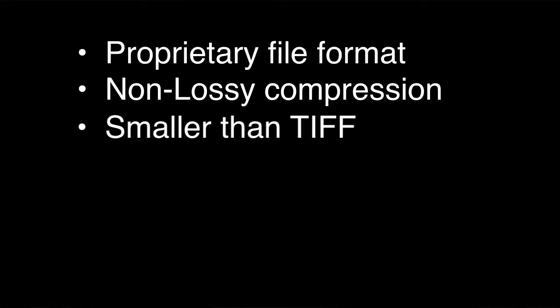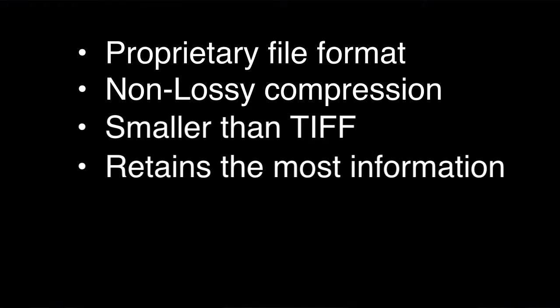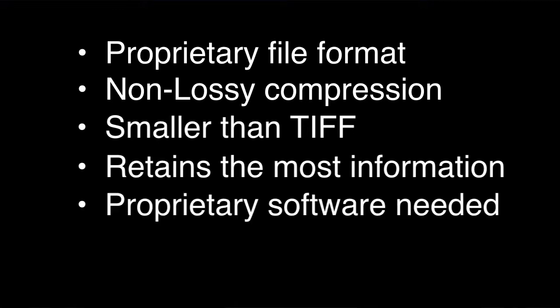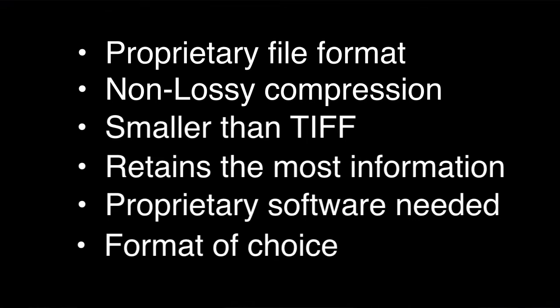Now, despite the smaller file size, this format retains all of the same information as TIFF and even more actually. Currently, the disadvantage of shooting in RAW is that you may need proprietary software in order to open, view, and manipulate the image. Otherwise, it's the file format of choice for professional photographers.